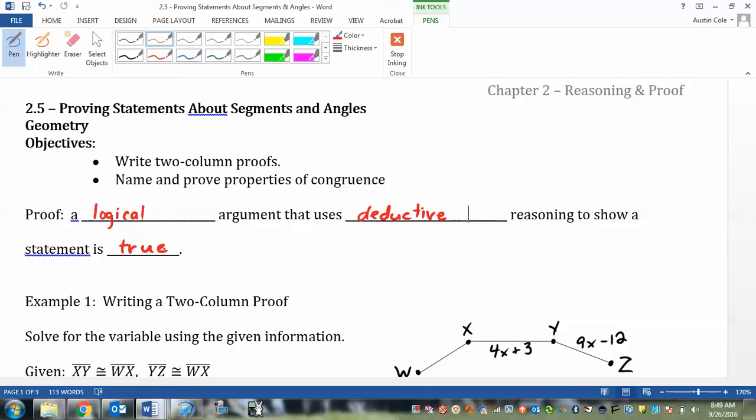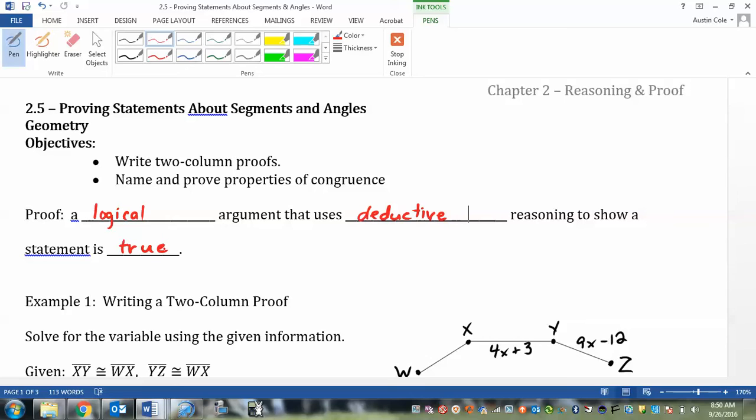What did we do in section 2 with patterns?